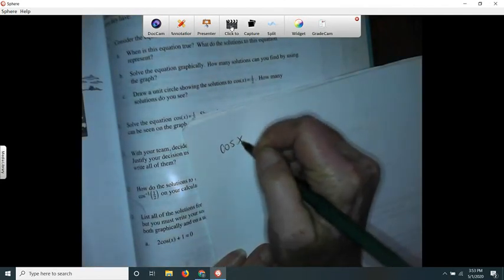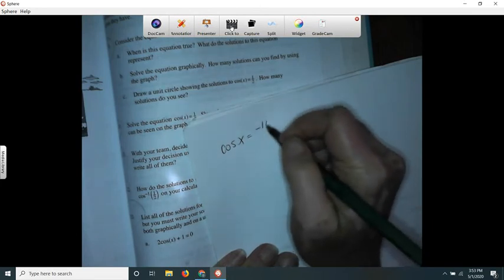So I'm going to subtract 1 on both sides and divide by 2, and I get cosine x equals negative half. I just did some algebra there. And then it says, list all of the solutions.